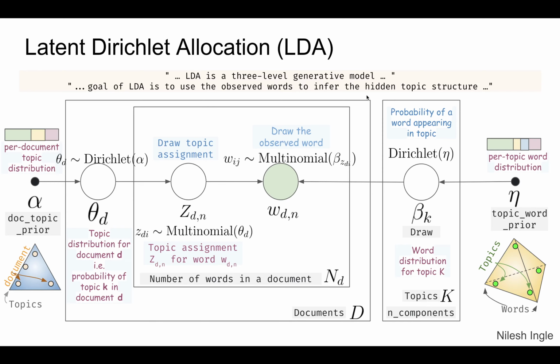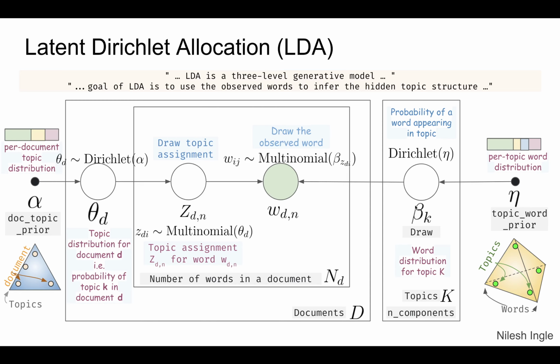And this is an iterative process. So what you do is you're drawing the topics and words from these distributions. With theta d, what we are trying to do is find the topic distribution for the document D, and then with Z we are drawing a topic from that distribution and creating a list of that.